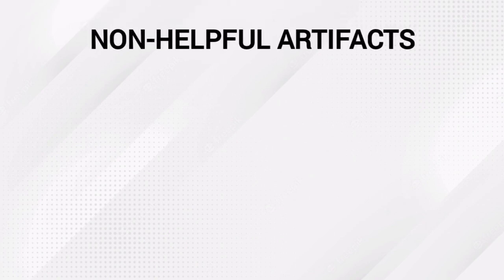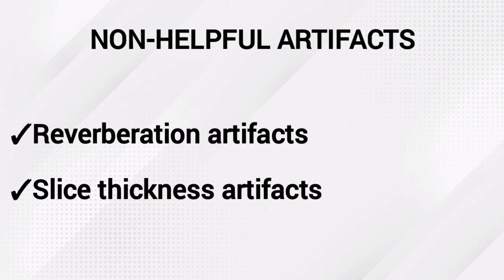So some of the artifacts are a hindrance. The ones I talked about are helpful, but the ones that are a hindrance to diagnosis are, for example, reverberation artifact and slice thickness artifact.